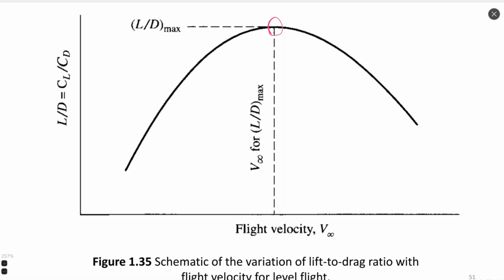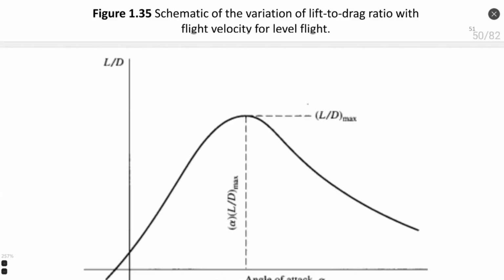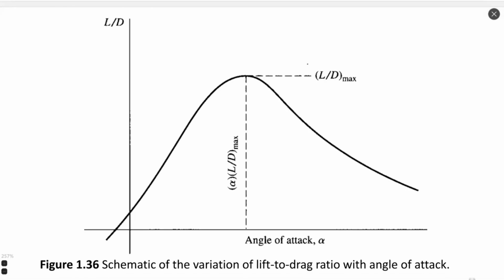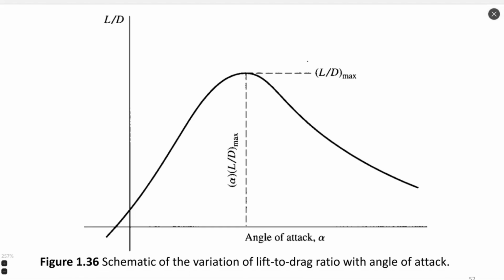In the case of work 1, I propose you calculate this curve for your chosen airfoil in terms of flight velocity, or maybe better in terms of angle of attack, because these quantities also can be calculated for various angles of attack.